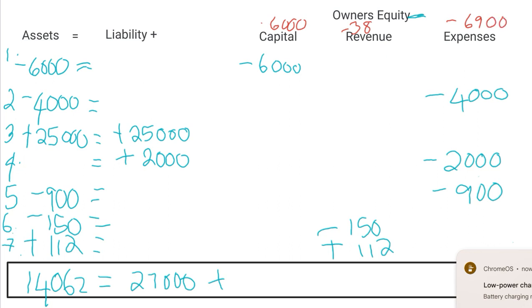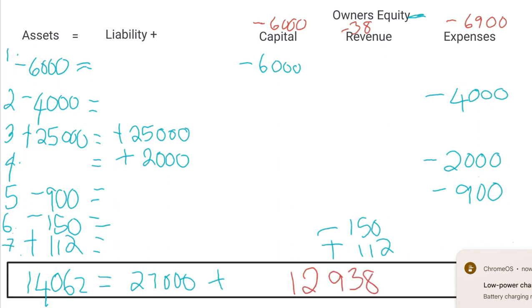So now you need to add all this to get your owner's equity, which would be minus 6,000 minus 38 minus 6,900. This gives us a total of 12,938.